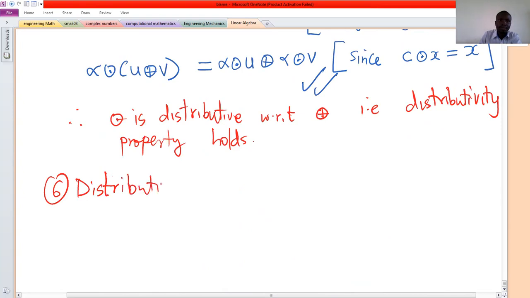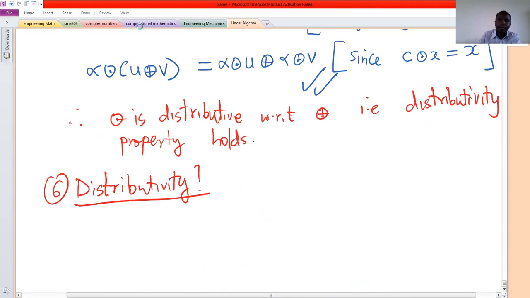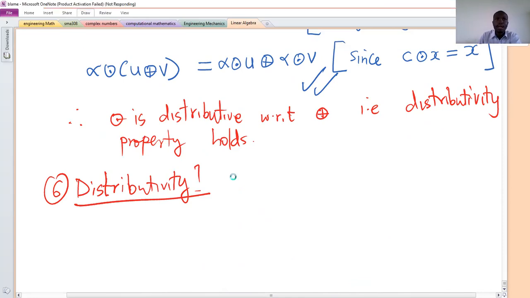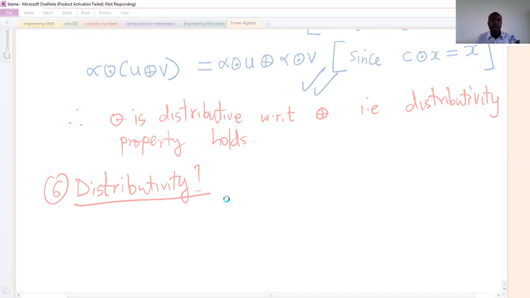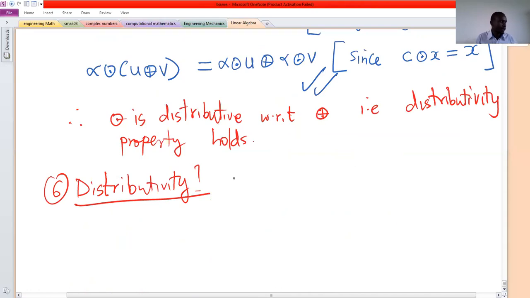So this second kind of distributivity, we check that given two scalars alpha and beta picked from the set of real numbers, and any element you picked from the set R plus, then distributivity still holds.